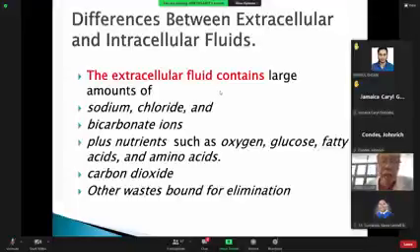Excess water, excess salt, and excess of everything is eliminated in the urine, or some food is modified in the liver.